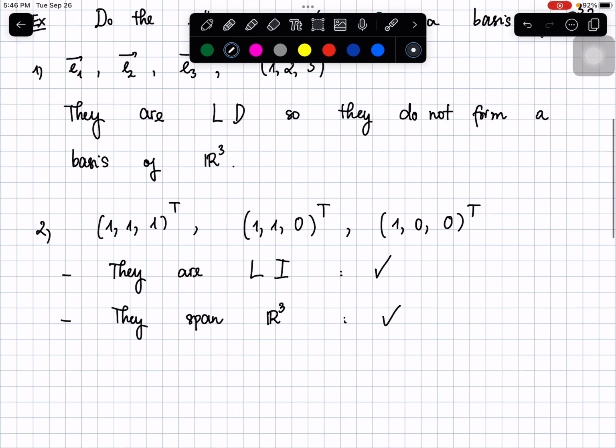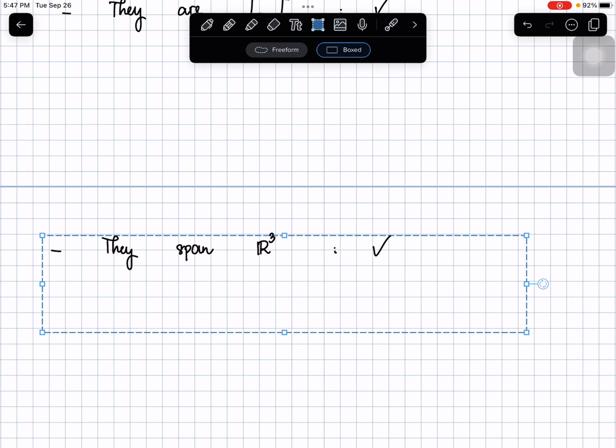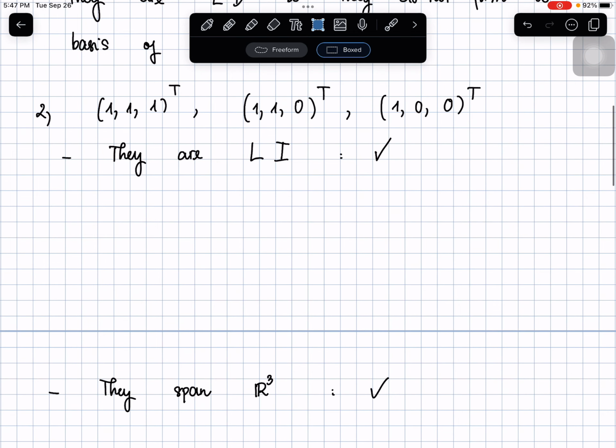And you know how to check these vectors are linearly independent, right? So for the first step, check whether they are linearly independent. We consider the system of equations, where this is vector V1, this is vector V2, and this is vector V3, say.